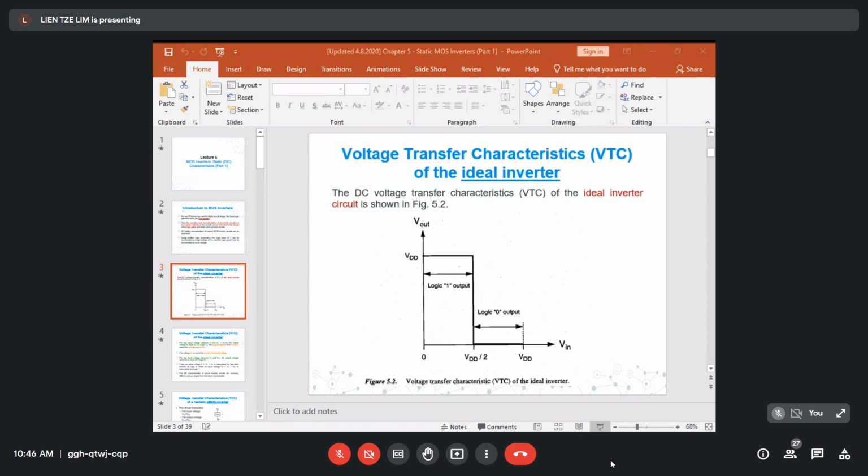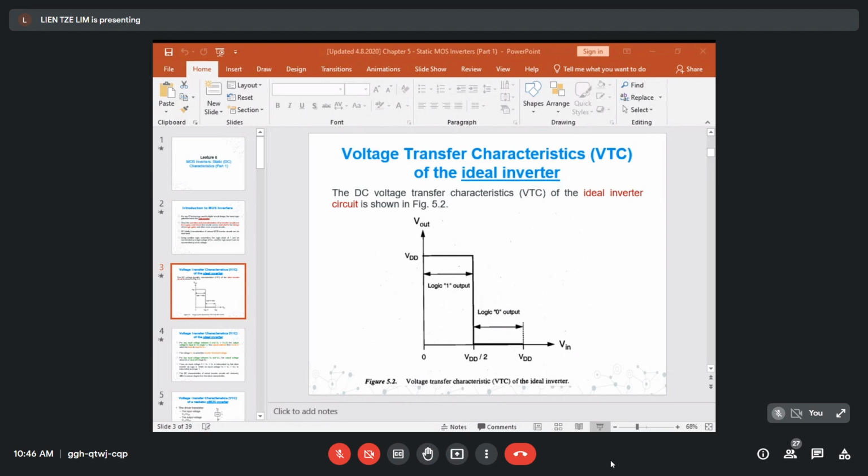If the input voltage is high, then the output voltage is low. So you see the line here, it means that the output voltage is low. This is how we should understand the graph.